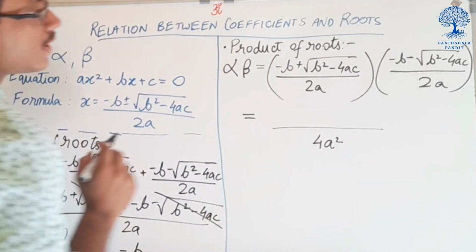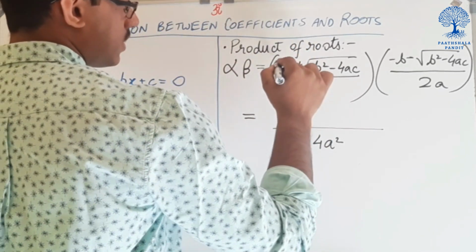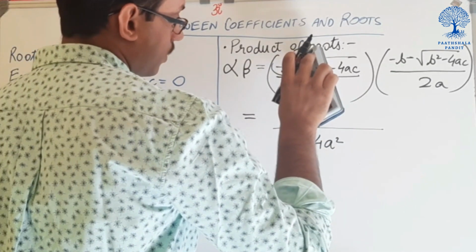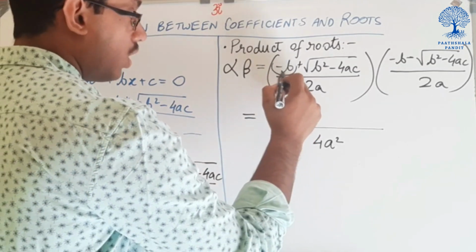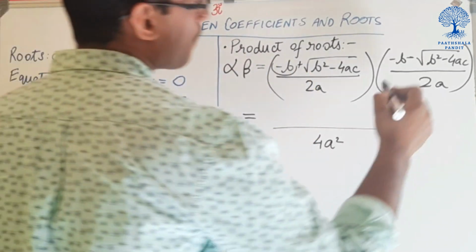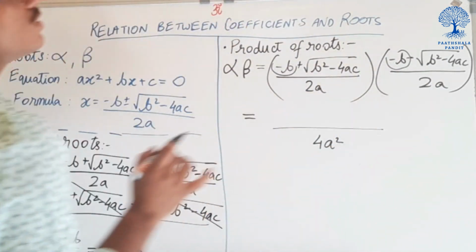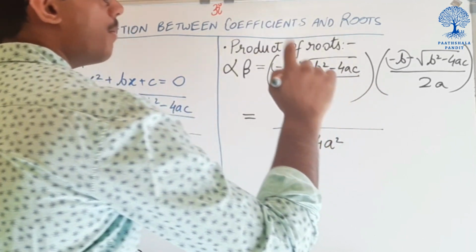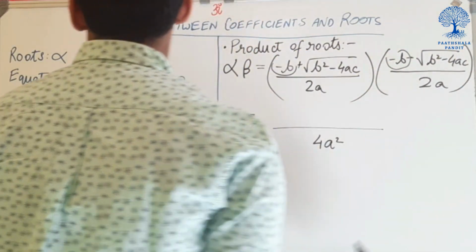Okay, now minus b is there, here consider it as one whole term. I am circling it, but okay, wait, for now remember this is a whole term, forget minus and all, and this is a whole term because they look the same. So this term plus this term multiplied by this term minus this term.